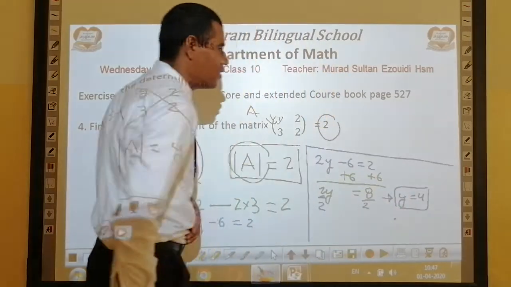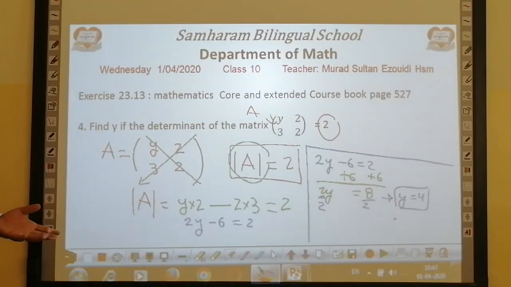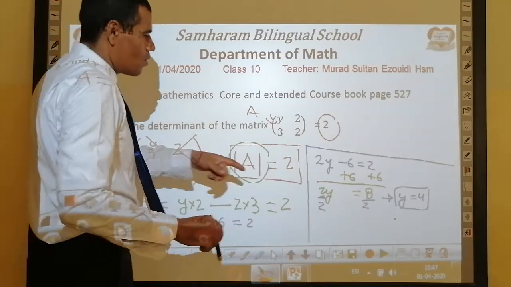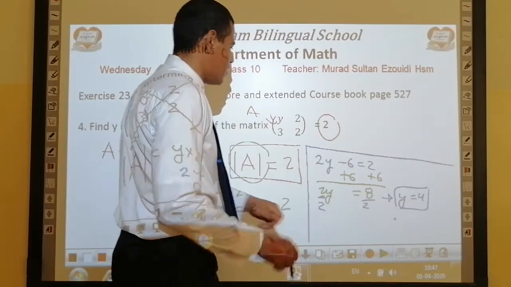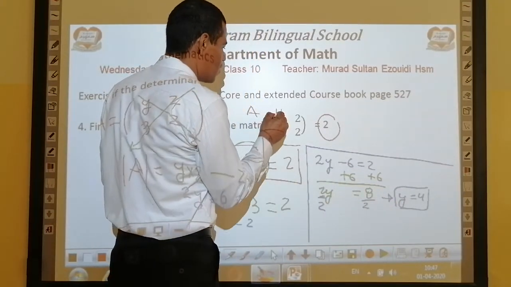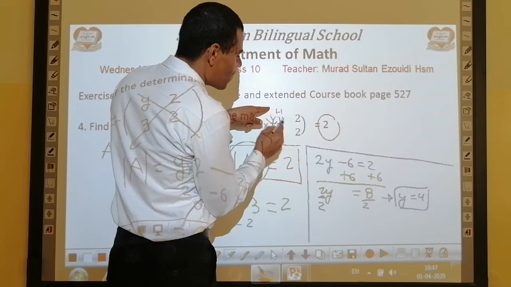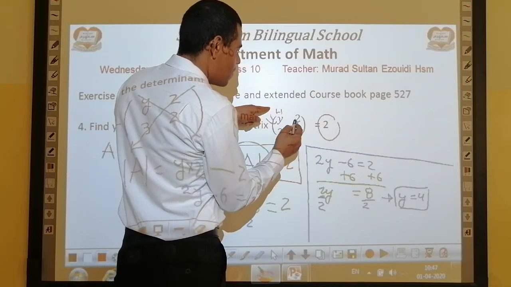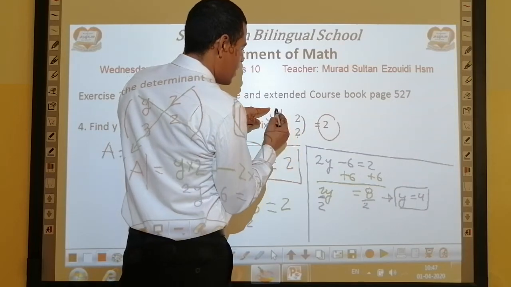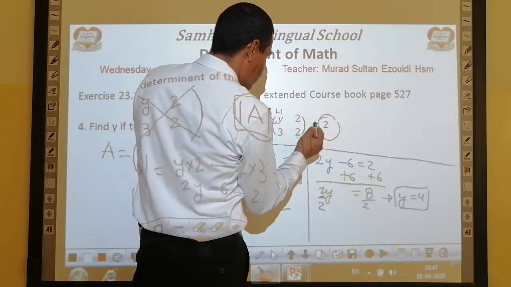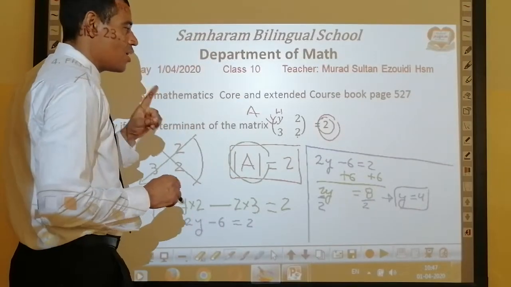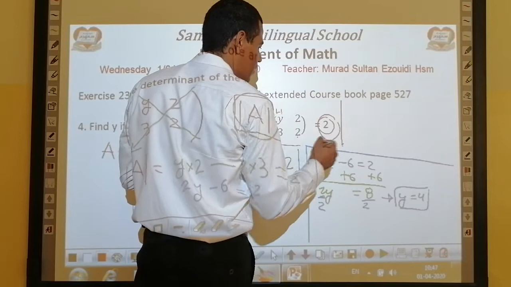This is y. If you would like to check, no problem, you can check. Look how to check. The value of y is 4. Now 4 multiplied by 2 is 8, minus 2 by 3 is 6, 8 minus 6 is 2. Good boy. If you would like to check, I will do it here.